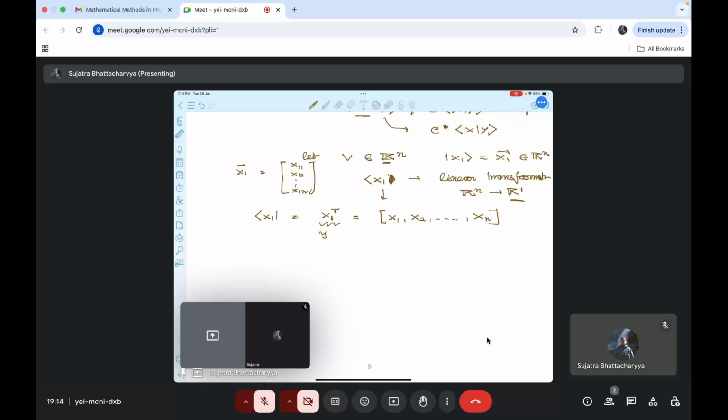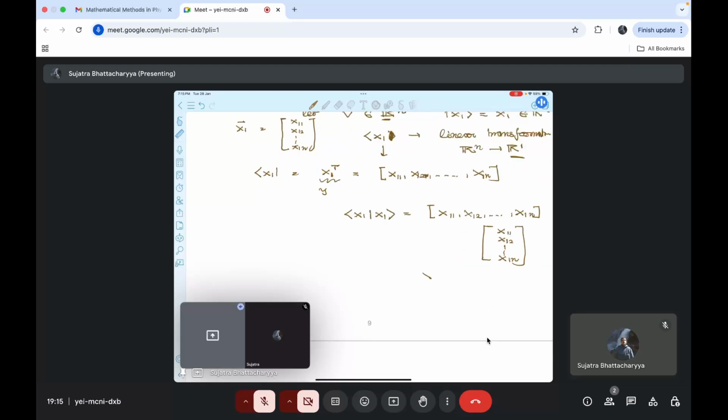Now if you do this, x11, x12, so on up to x1n times x11, x12, so on, you know that it will finally be x11 square plus x12 square and so on up to x1n square.